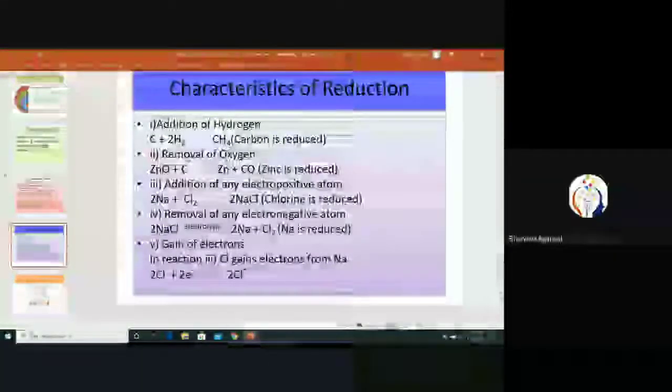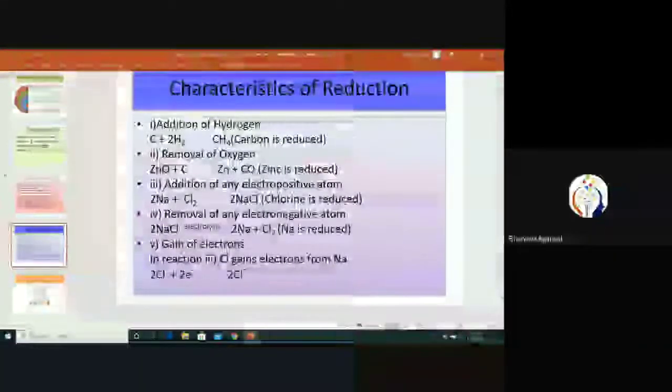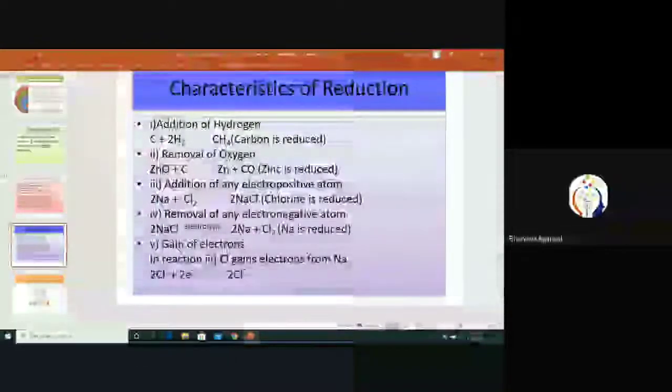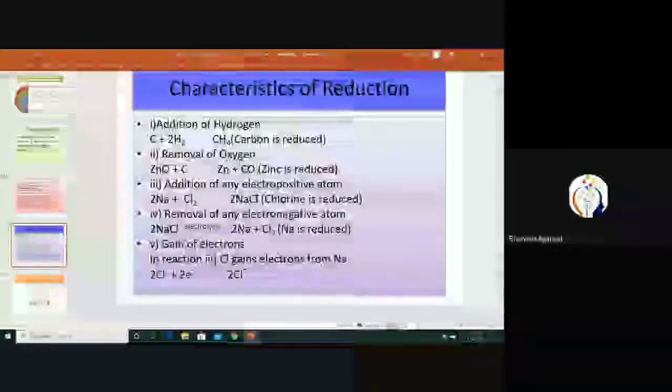That means carbon gets reduced by the addition of hydrogen. Similarly, when oxygen is removed, zinc oxide reacts with carbon to form zinc and carbon monoxide. So oxygen is removed from zinc, hence zinc is reduced.